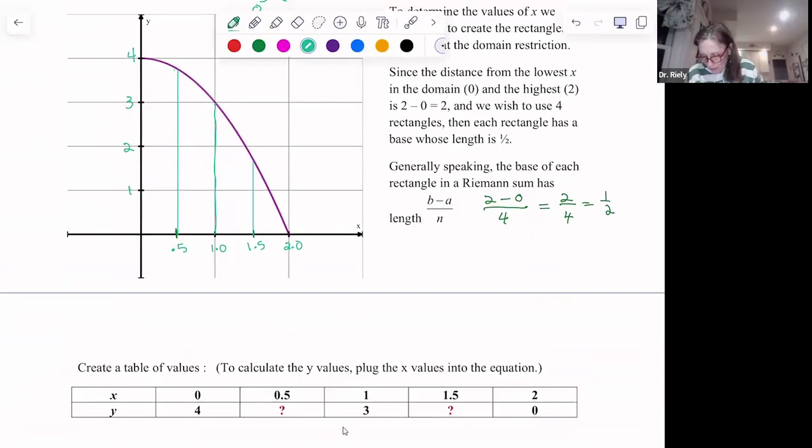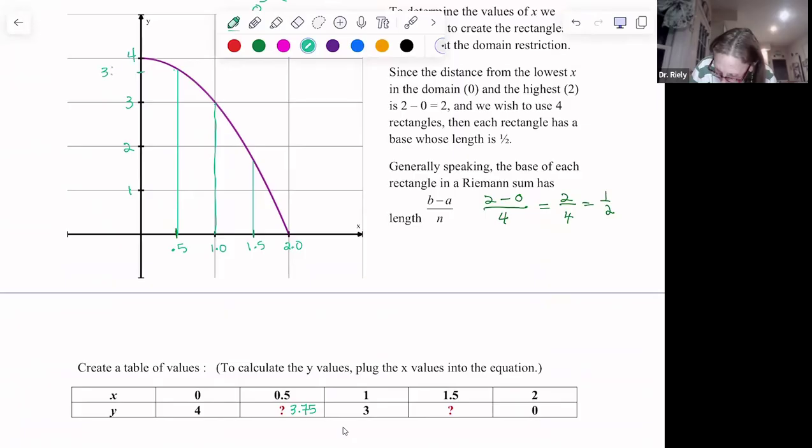If I use an x value of 0.5 and put that in my calculator, I'm going to end up getting a y value of 3.75. So that's going to be right here.